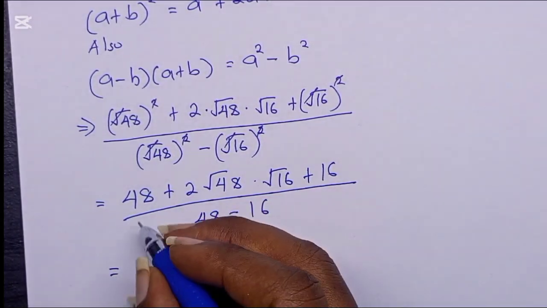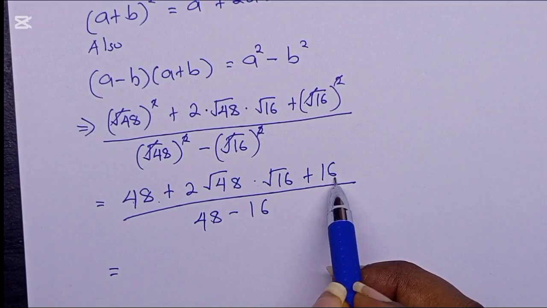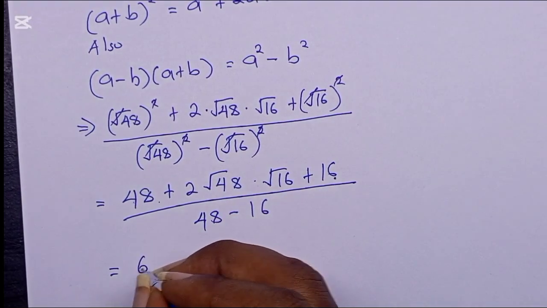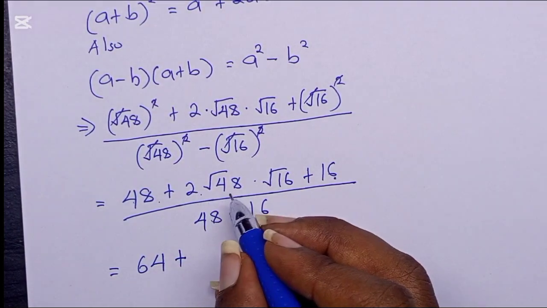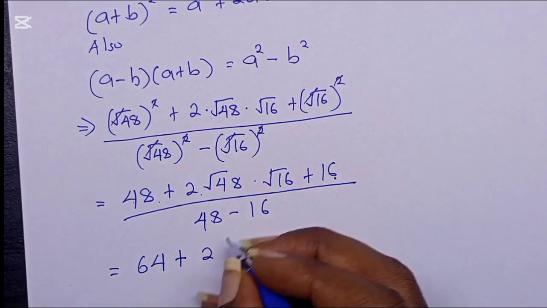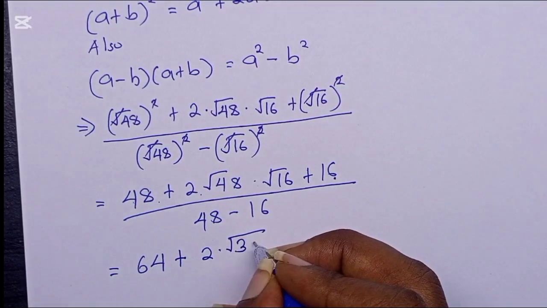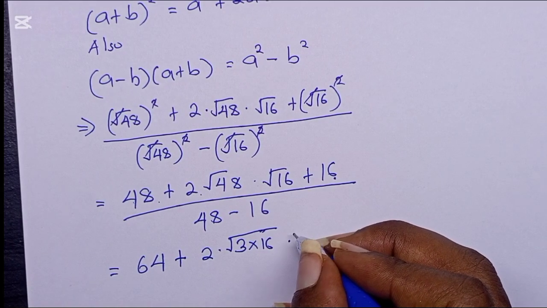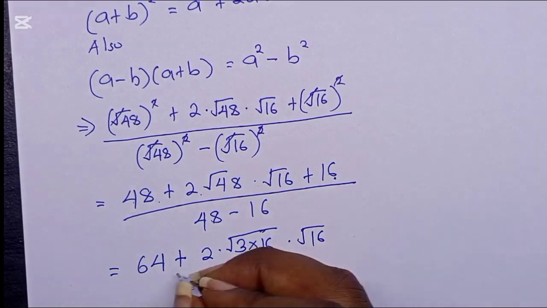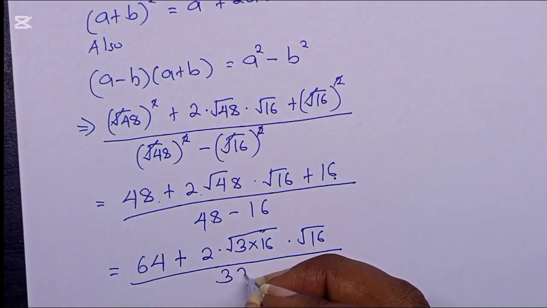So this is equal to 48 plus 16 is 64, plus 2. 48 is the same as 3 times 16. Then times root 16, all divided by 48 minus 16 is 32.